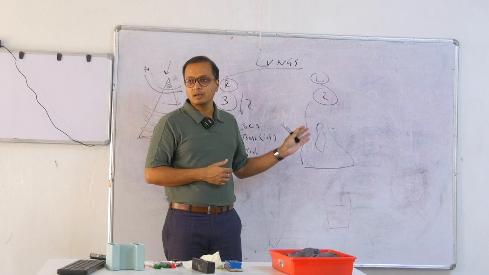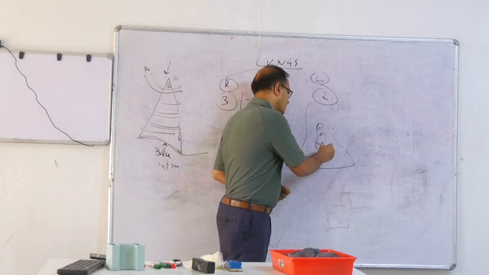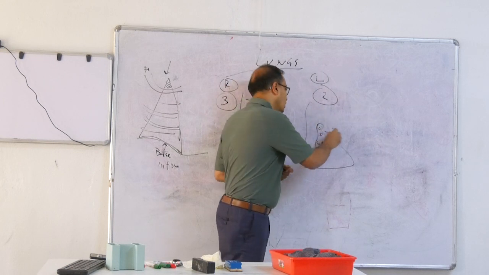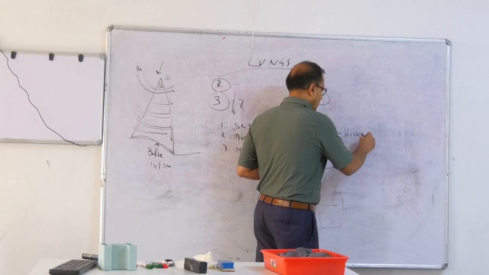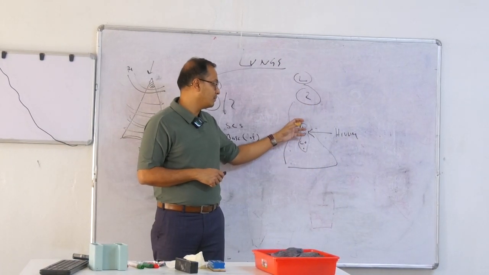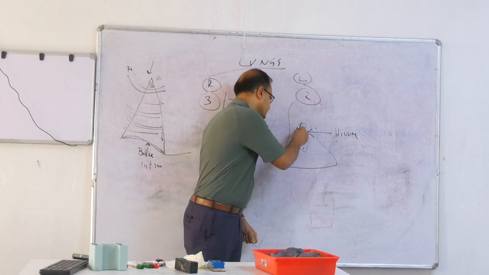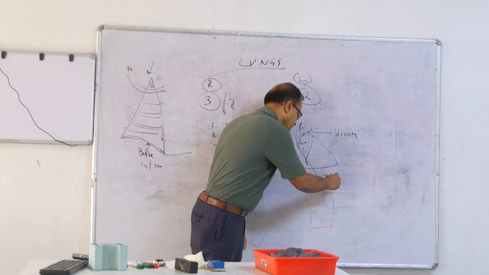We call it the hilum of the lung. This mediastinal surface is pierced by structures getting in and coming out. Surrounding this hilum, we have a layer of pleura which is tapering down. We call it the pulmonary ligament.